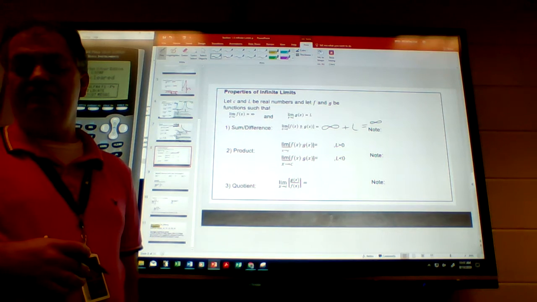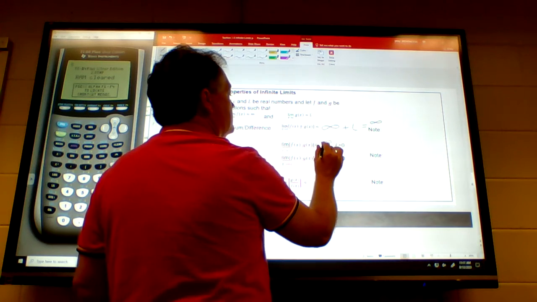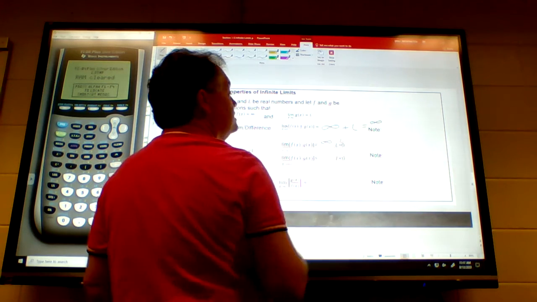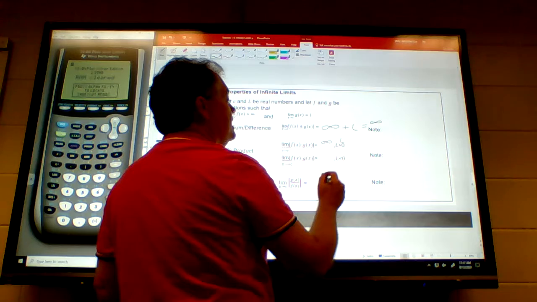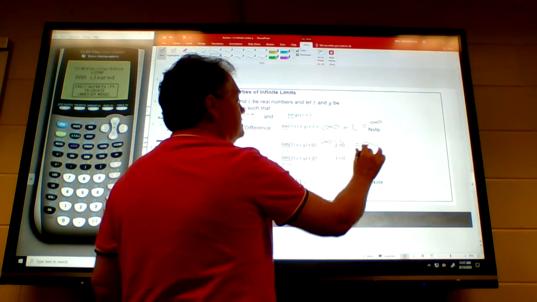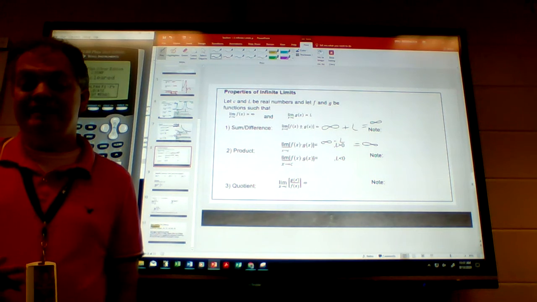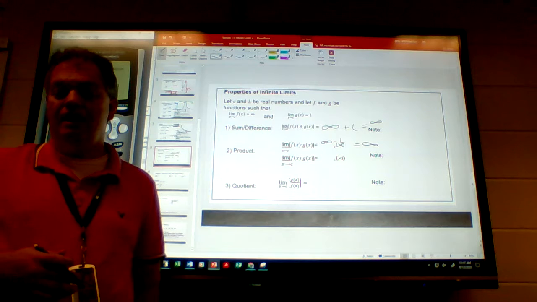And the same thing goes if we multiply. Infinity times L, as long as L is greater than 0, and therefore the limit is still going to once again be infinity, because infinity times anything is going to still be infinity. All right.